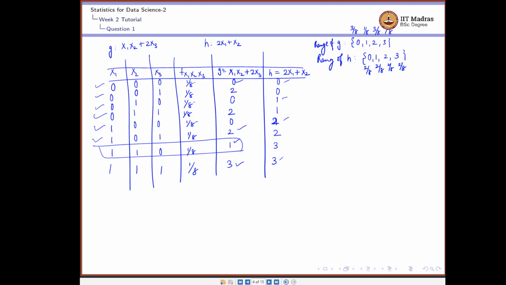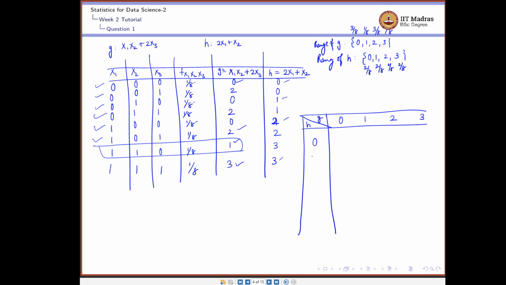So what we have to find here is the joint probability of G and H. So we can make the joint distribution table. So G here, H here. G is taking the value 0, 1, 2 and 3. H is taking the value 0, 1, 2 and 3.